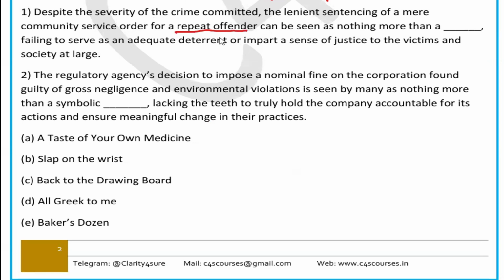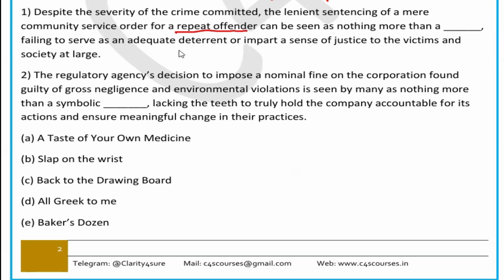Offender is one person who has committed the crime. Despite the seriousness, the severity of the crime he or she has committed, the lenient sentencing of a mere community service order means that whatever sentence he is given, it is nothing more, because it is failing to serve as an adequate deterrent. Deterrent is something that should stop you from doing something.